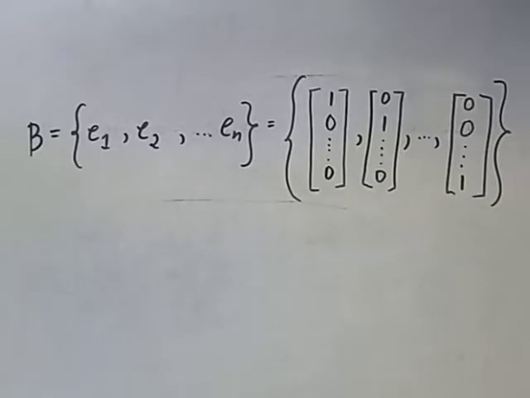Just like in matrices, the standard basis for Rn written in vector notation is B equal to the set of vectors e sub 1, e sub 2, up to e sub n, the set of vectors which forms the diagonal 1s, or which forms the identity matrix.